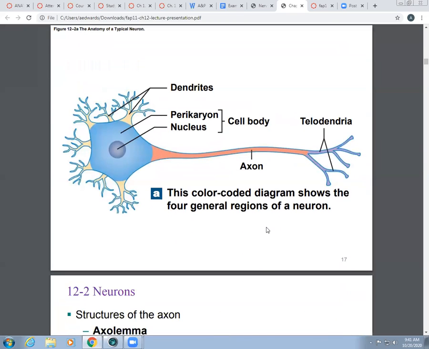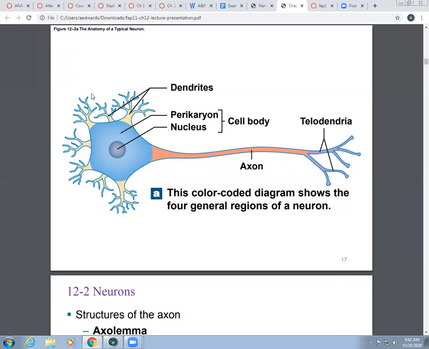So here's a visual representation of a neuron. You see the cell body or the soma. Inside you've got the nucleus and the cytoplasm. Remember we call it perikaryon. Here are the dendrites. You can see all these dendritic spines along the ends. Here's your axon. And the endings we call telodendria. Now, important distinction here.